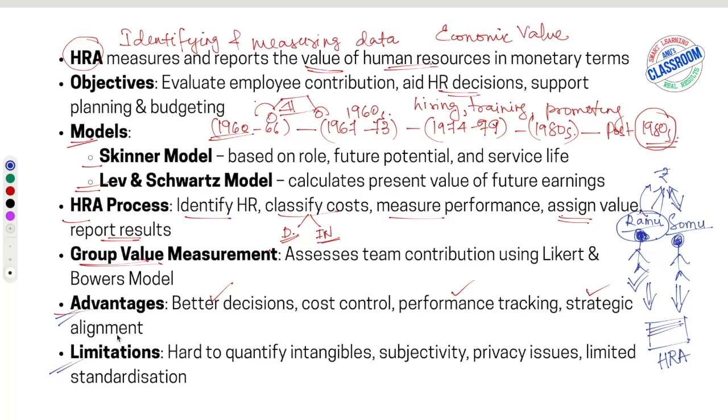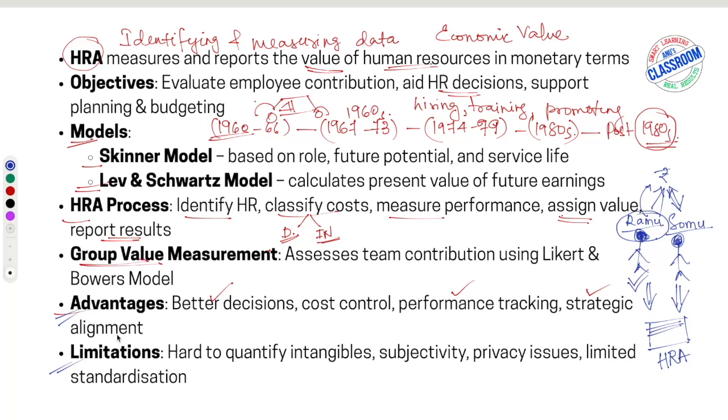So comparisons across companies may not exactly be quite meaningful. And overemphasizing on this financial data could ignore softer aspects like the culture or employee well-being. So these are a few of the limitations of doing this human resource accounting.